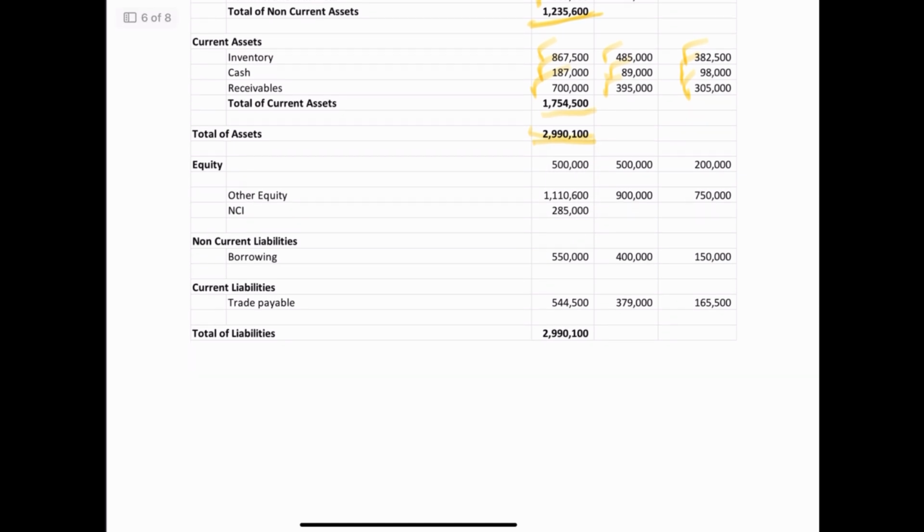Okay, so then equity. So equity, we have to show only H Limited equity, and S Limited equity should not be added. So in the consolidated balance sheet, you will have only the H Limited equity. And other equity, as per the working, you can refer, it comes to 11,10,600.